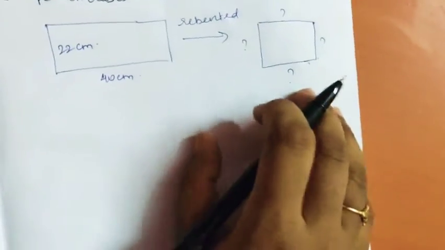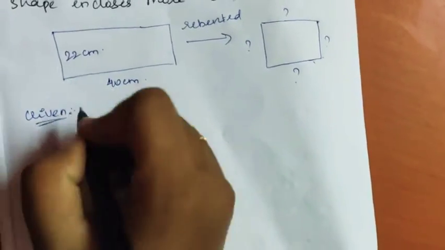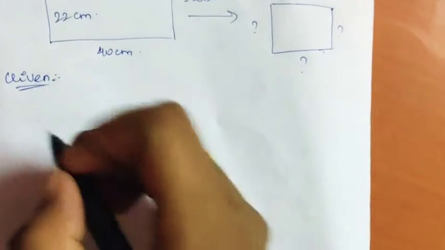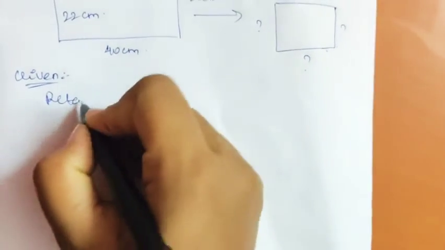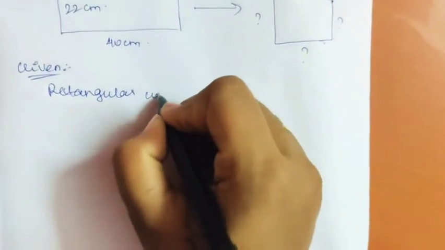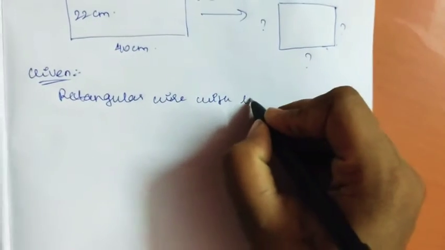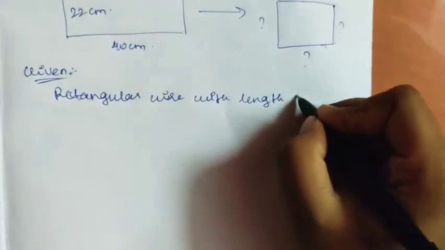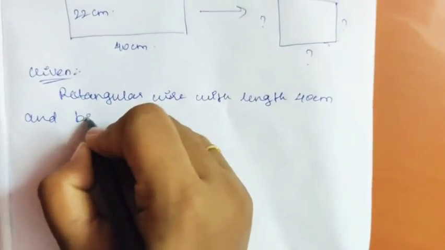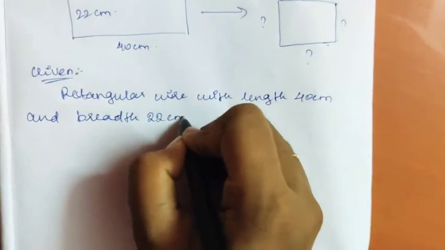So first we can write what is given. Given: rectangular wire with length 40 centimeter and breadth 22 centimeter.